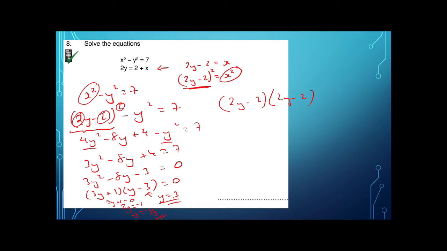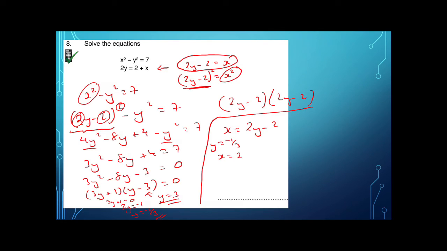So we need to find the corresponding x value, and we can use this formula here. So we've got x is equal to 2y minus 2. So when y equals negative 1/3, x is equal to 2 times negative 1/3 minus 2, which is negative 2/3 minus 2, which is negative 2 and 2/3.